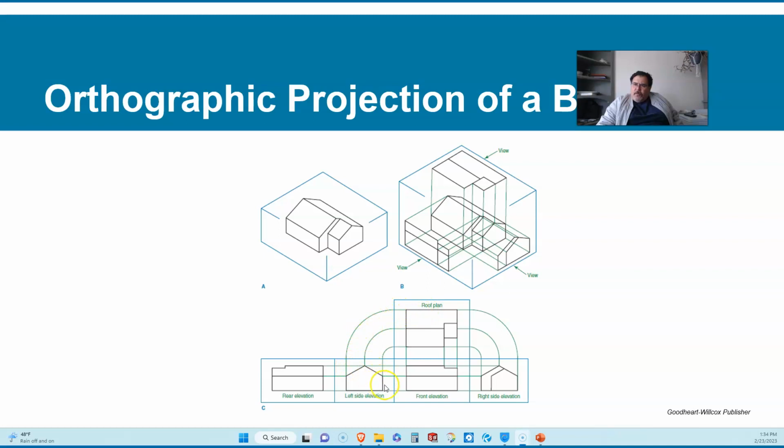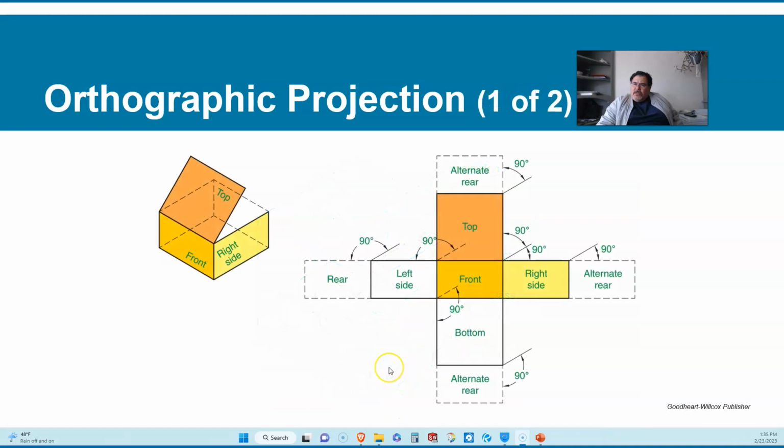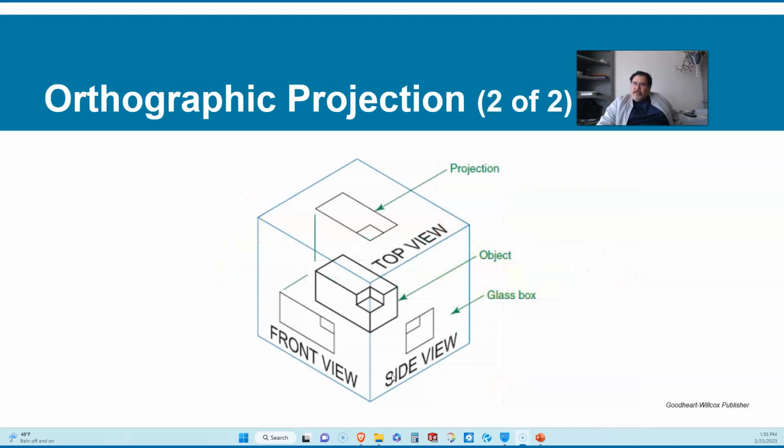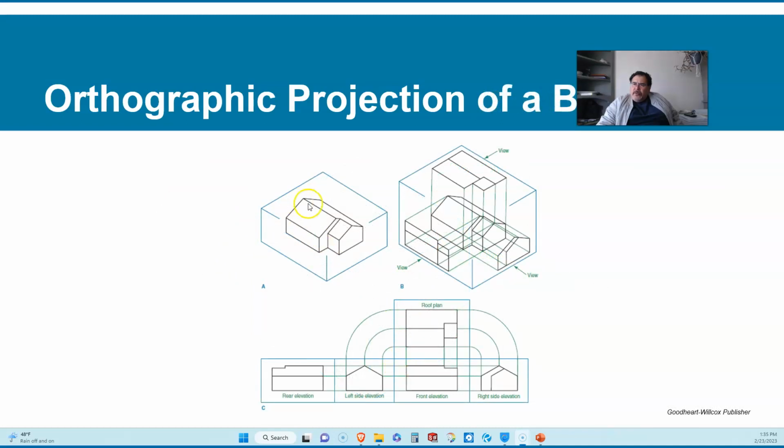That if you were to fold this on those lines, just like you were to fold this box, you'd see how things line up so that the ridge of the roof makes sense when you look at this particular view that shows you two different roof lines here. Or on the opposite side, which only shows you one roof line.